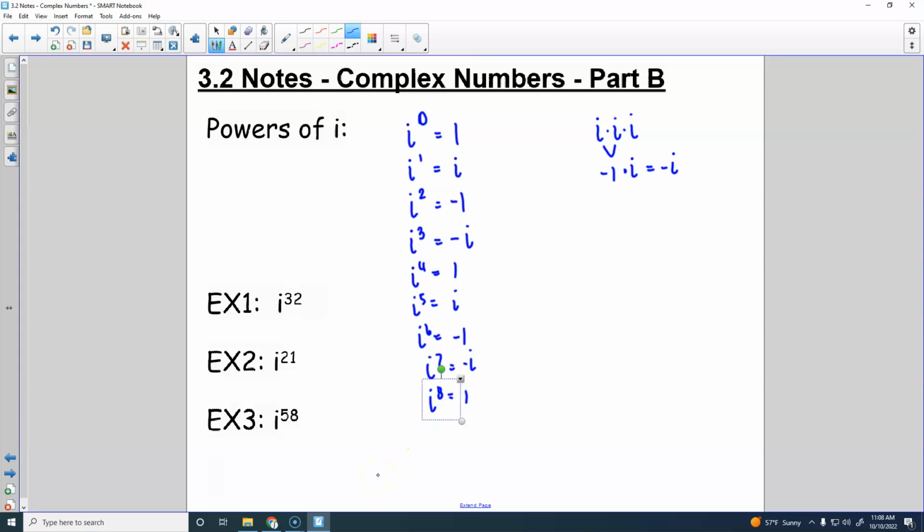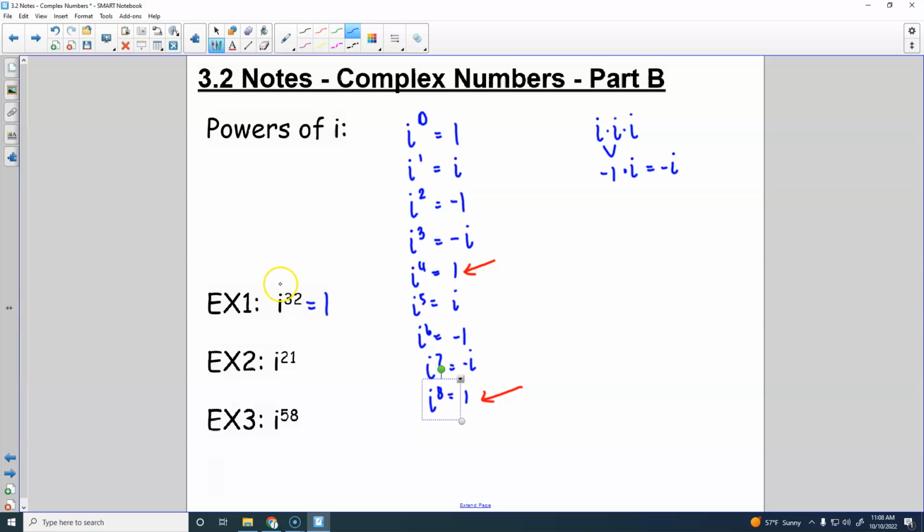And I could keep going all the way up to 32. But what are you noticing here about the ones that actually equal 1? Increments of 4, right? So if your exponent is divisible by 4, what are you going to get? 1.